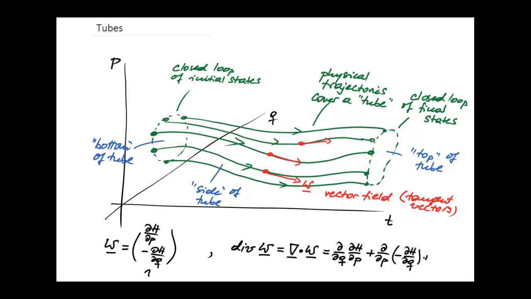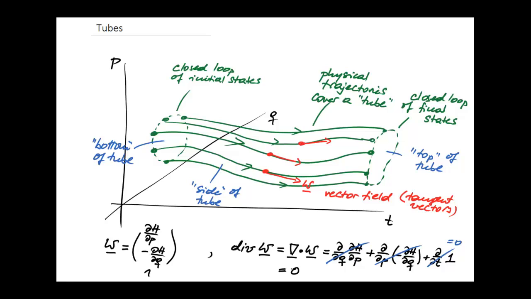And then we have the partial with respect to T of the third component, and the third component of W is 1. And you see that these two terms cancel. The partial derivative of 1 is equal to 0. So the divergence is equal to 0.